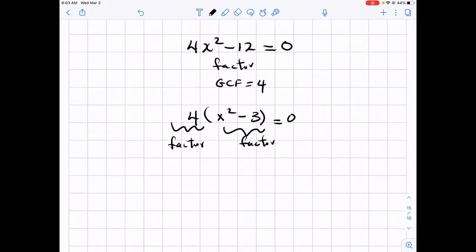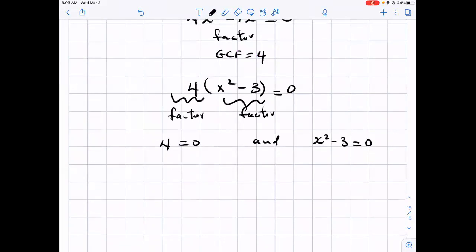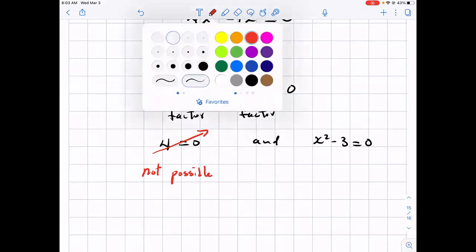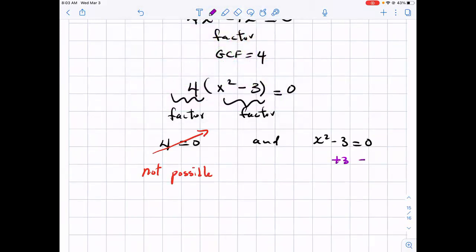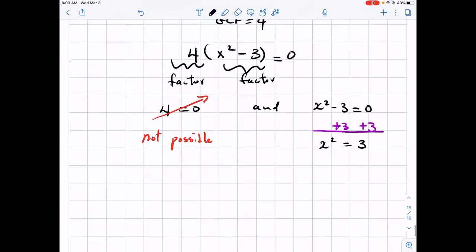So we set each factor equal to 0: 4 equal to 0 and x squared minus 3 equal to 0. Obviously 4 cannot be equal to 0, so this is not possible. But on the other side, if I add 3 to both sides, we end up with x squared equal to 3.